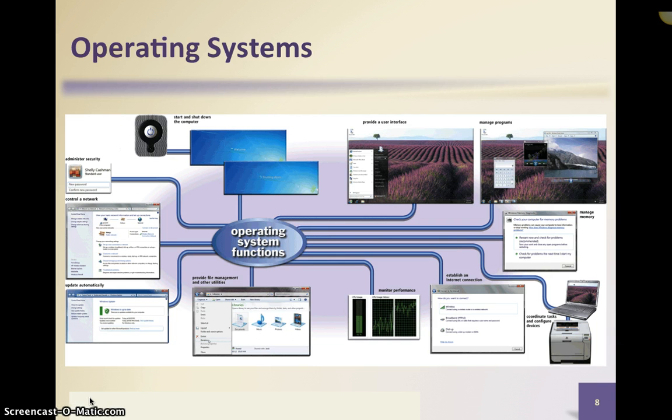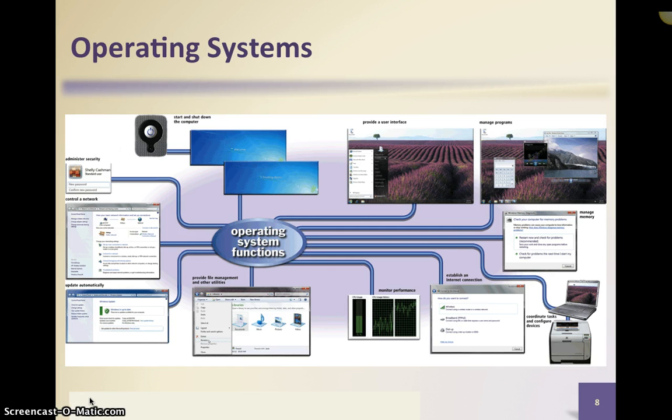All of those updates that you get on your system every time you turn it on and it says you need to reboot or you need to install an update, that's the operating system providing that information and those updates for you to install. It also controls the network itself. So when your system is on the network, it controls when packages are sent, when packages are brought back to it or received.